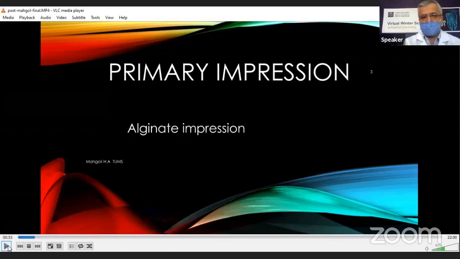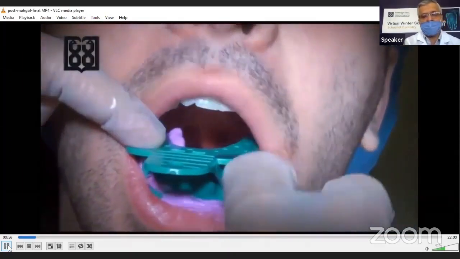The primary cast is useful for diagnostic assessment, and for occlusion we can assess the patient's conditions.